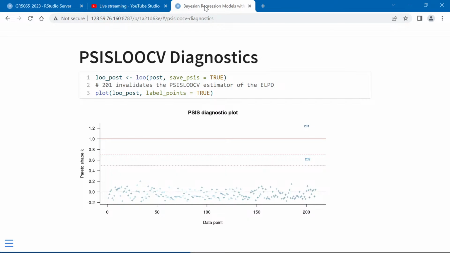And in particular, when you get into a situation like that, you should be looking at what points the posterior distribution is too sensitive to in order to sustain the Pareto smoothed importance sampling leave-one-out cross-validation estimator of the expected log predictive density. In this case, quarters 201 and 202, starting in 1970. So this would be the quarter for the onset of the lockdown due to the pandemic, and this would be the quarter immediately thereafter.